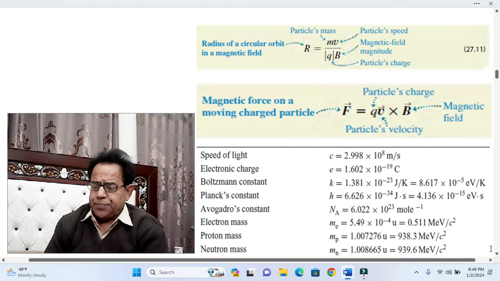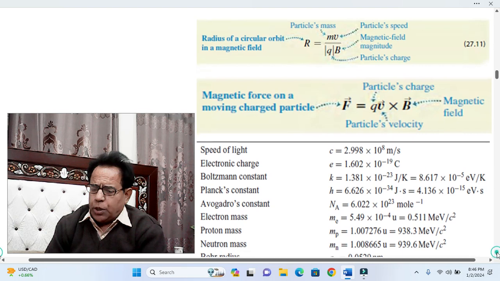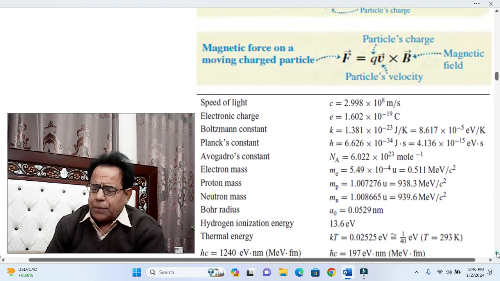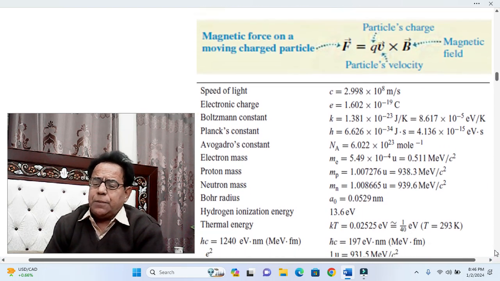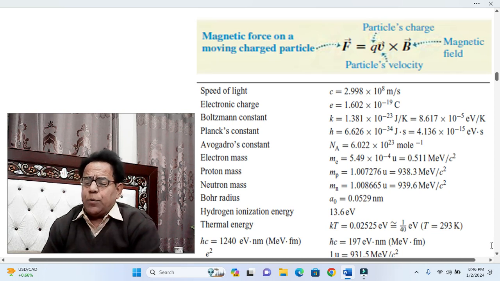A similar philosophy is once again described in the next snapshot, which has also been chosen from University Physics by Young and Freedman.